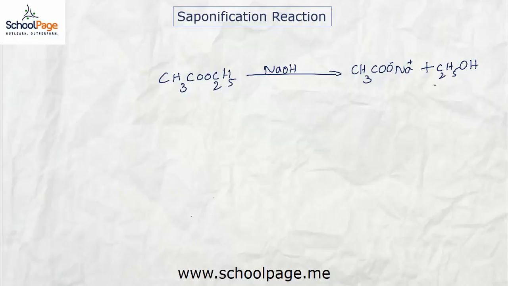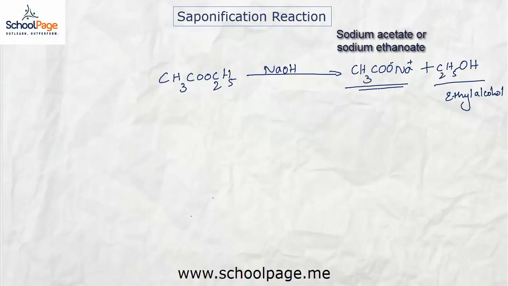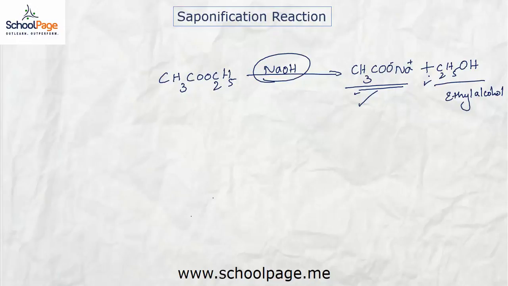You can see this is the alcohol, ethyl alcohol, which is obtained back, and this is the sodium salt of the acid. Now you can see that in the presence of a base, we get the sodium salt along with the alcohol which was used initially. This reaction is known as saponification reaction as it is used in the preparation of soap.